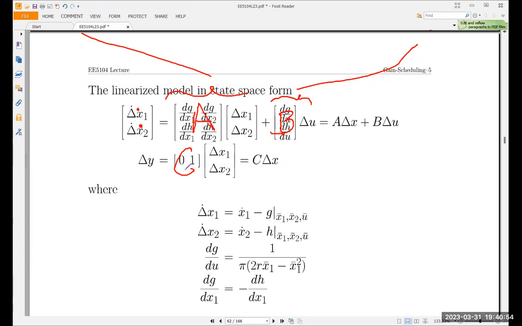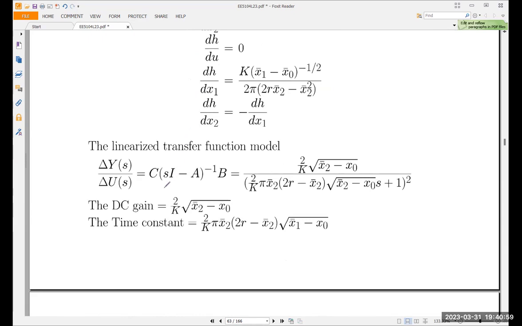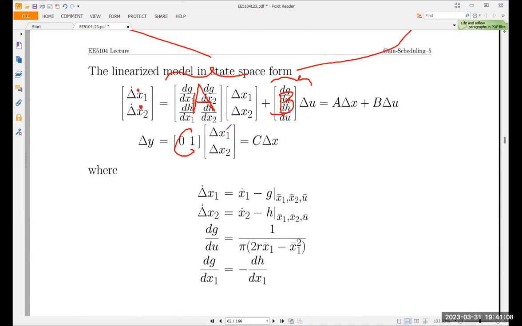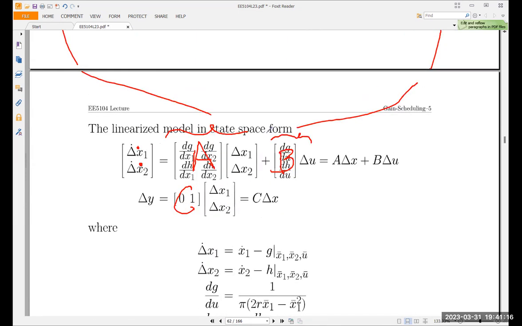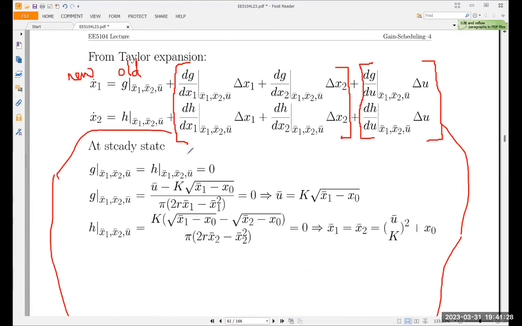All right. And you can convert this to transfer function. The formula is like that. So I can't teach the conversion of state space ABC, or some people like to call it FGH, doesn't matter, to this transfer function. And all the dg dx, dg du, dg dx2, all this you have to do the differentiation.